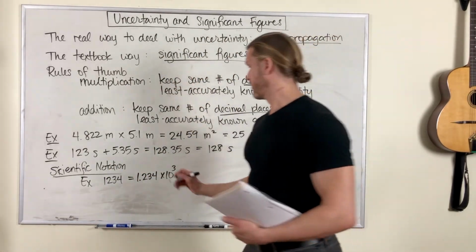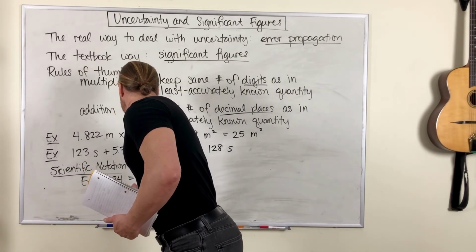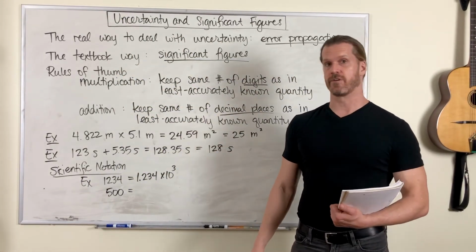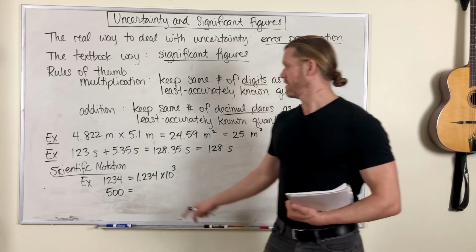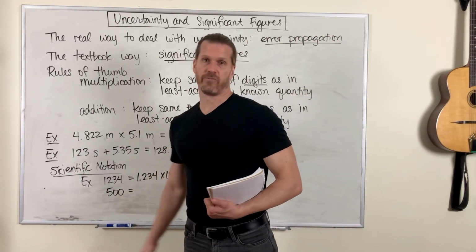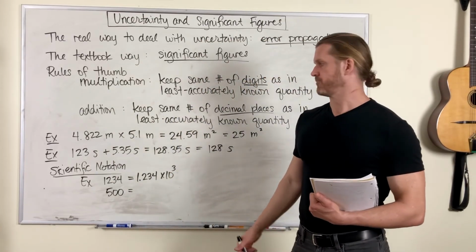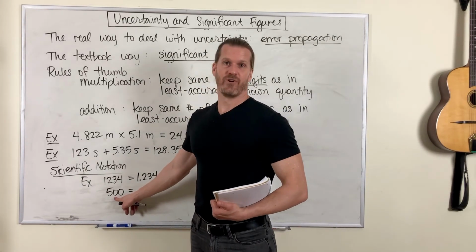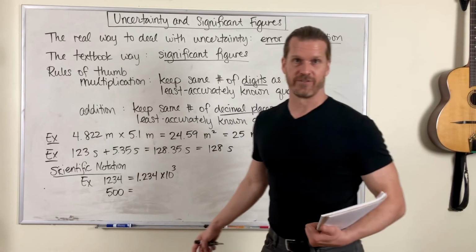Let's say we have the number 500. Now, 500 is kind of a weird case. It's a little bit ambiguous because when you have zeros on the right of that number, we don't necessarily know whether they're just placeholders or whether they're things that we've actually measured.